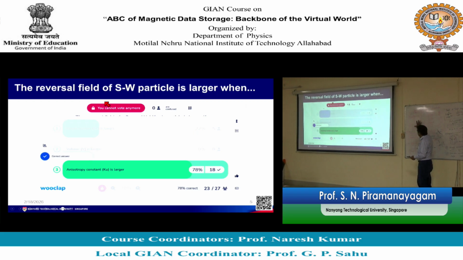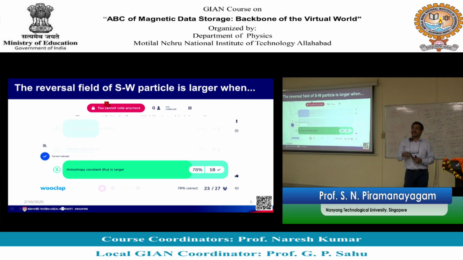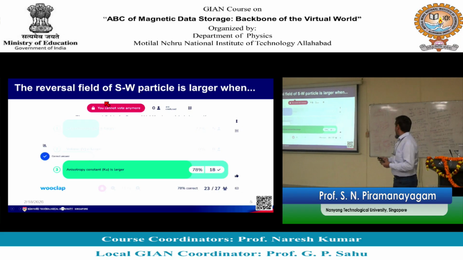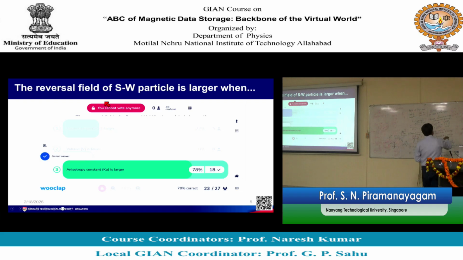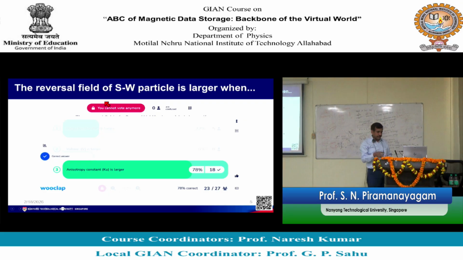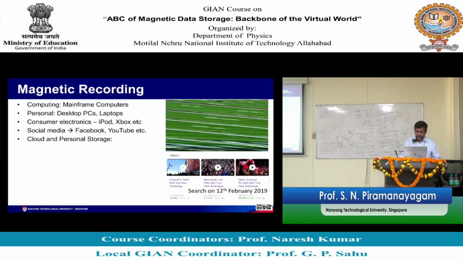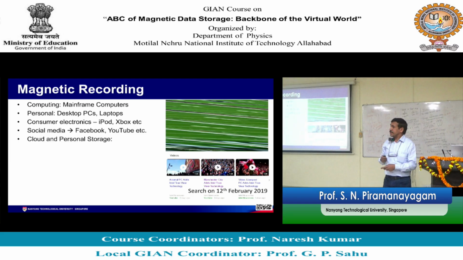We need the Stoner-Wohlfarth type reversal mechanism, where only the region directly below the magnet reverses. This is what we want for magnetic recording. So that's how what we learned yesterday and magnetic recording are linked. Anyway, we'll learn more of those again, and we'll recap all these items.